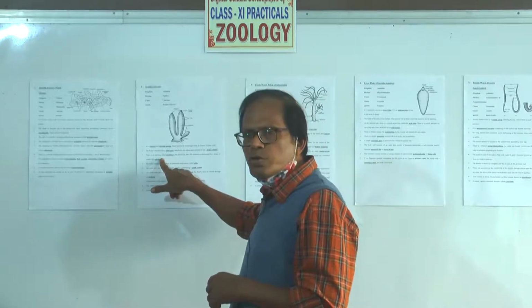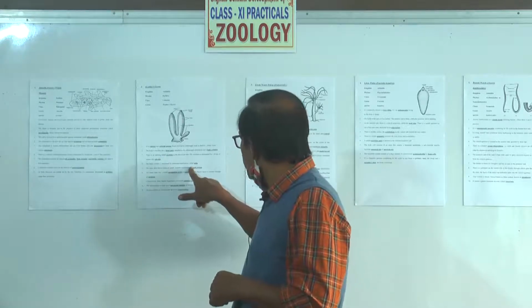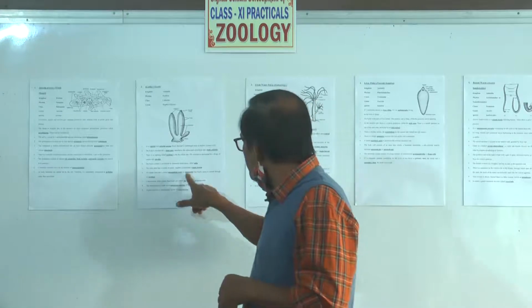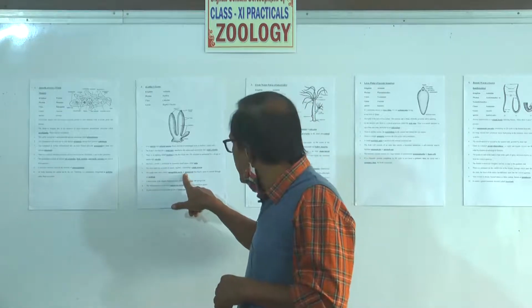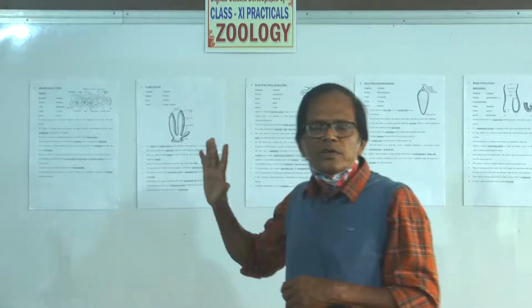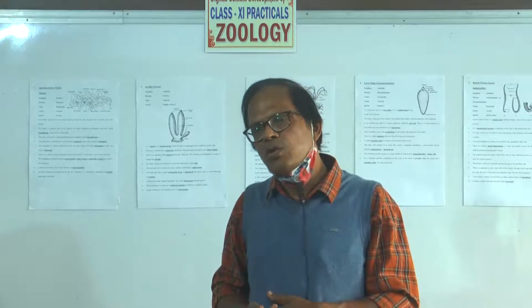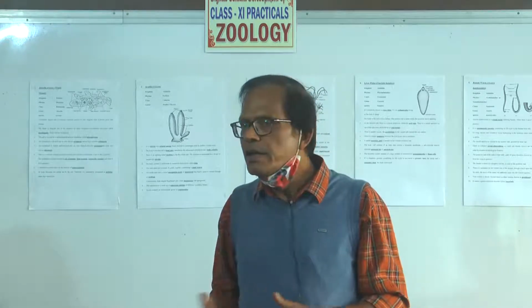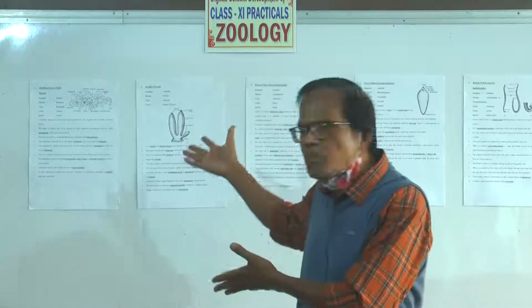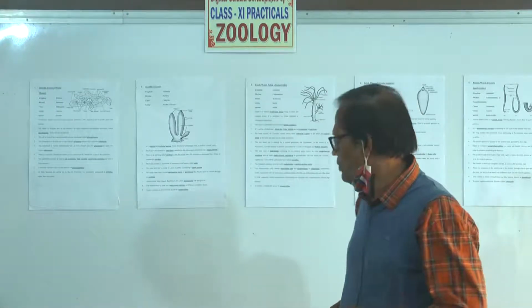Then spicules are present, calcium carbonate spicules. Then a canal system, spongocoel, choanocytes, this much. If you mention regeneration, it's well and good. If you don't, then there is no harm in it. But these are some important features associated with Sycon.